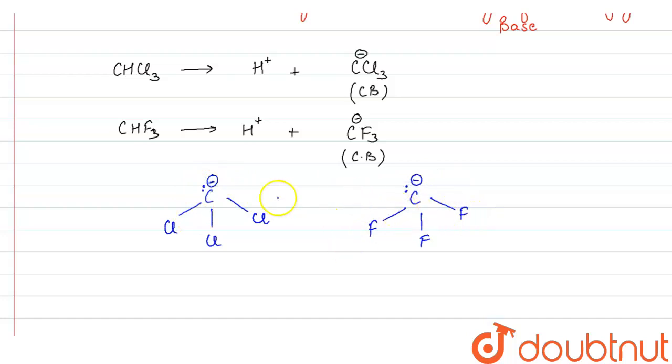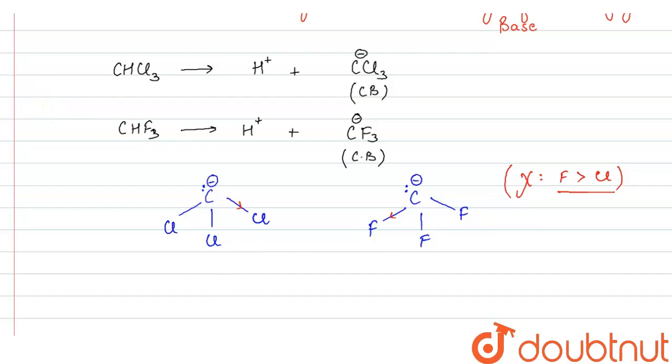Now in comparison of chlorine and fluorine, we know that the electronegativity of fluorine is more in comparison to chlorine. So it will attract electrons towards itself. Both will attract because both are electronegative, but fluorine will attract more towards itself because it is more electronegative. So according to that, CF3 negative should be more stable, but this is not the case. Here CCl3 negative will be more stable.